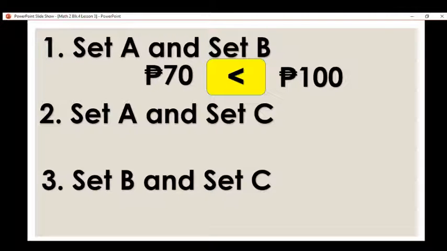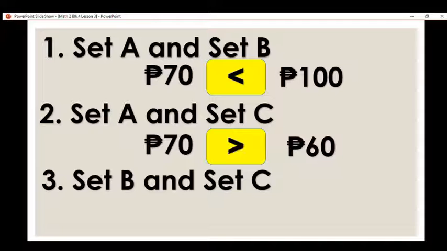The first thing we need to do is to know the total amount of set A and C. Set A has 70 pesos and set C has 60 pesos. What is the perfect comparison for these sets? Okay, very good. We will use greater than, because 70 is greater than 60. Did you get the correct answer?